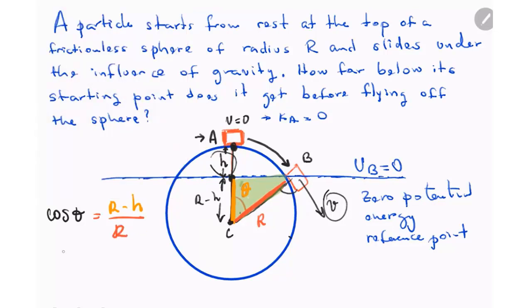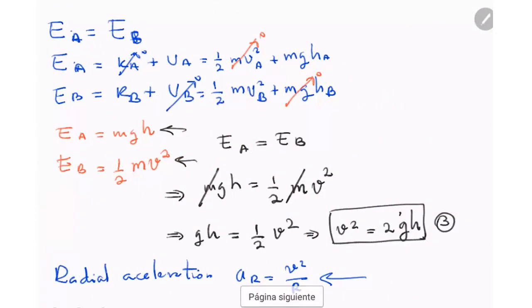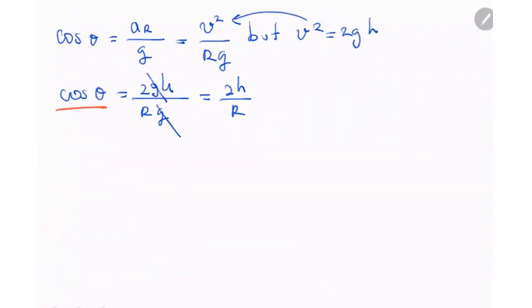Okay, we are going to take this equation and we are going to replace it here, and we get r minus h divided by r equal to 2h divided by r. We cancel this r with this r because they are on both sides of the equation.